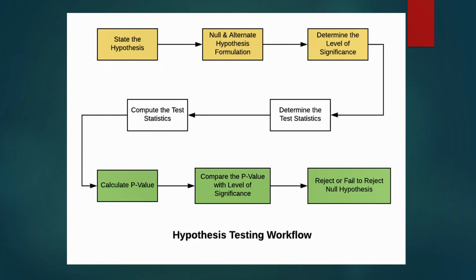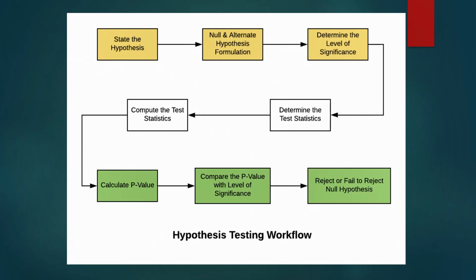So I'll set a null hypothesis: there is no significant difference between the average marks of sample and population. I will set another hypothesis, the alternative hypothesis, just the opposite of the null hypothesis: there is a significant difference between the sample mean and population mean.